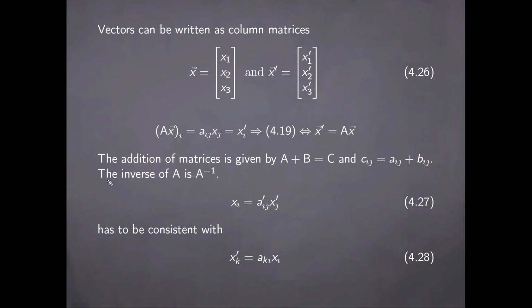But more important for further discussion is the idea of the inverse of a matrix A, which is denoted by the symbols here. And in order to find the inverse of a matrix, and to find the relations that are characteristic for it, we need to realize that transforming from the primed coordinates to the laboratory ones, or the other way around, needs to remain consistent.